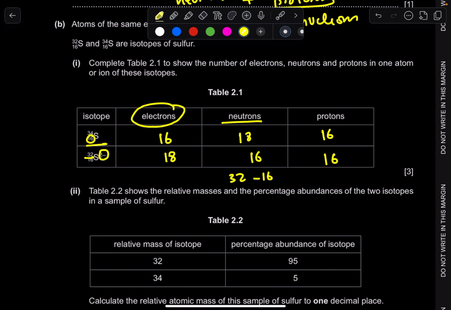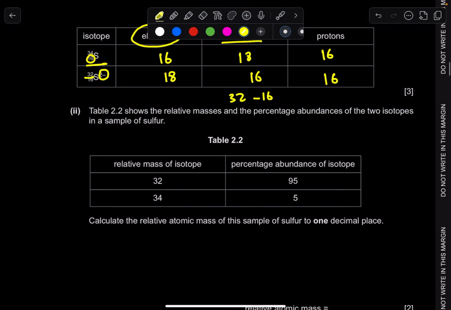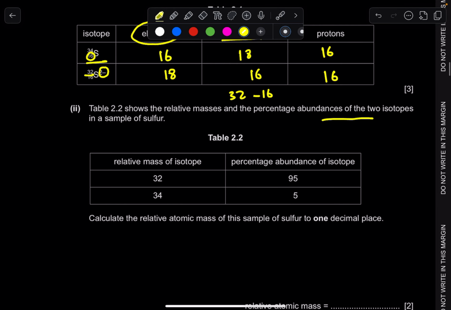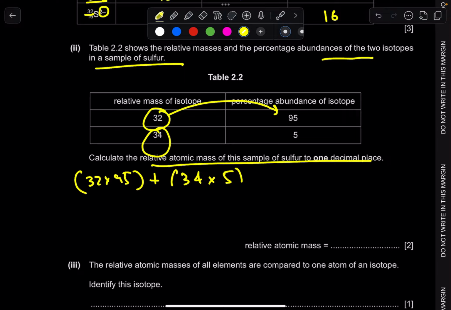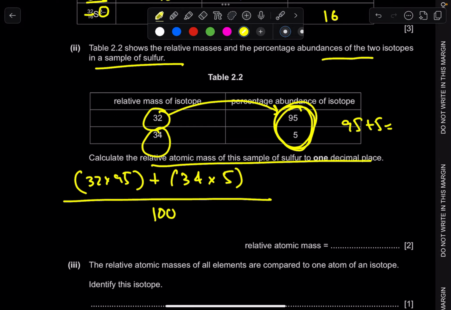Done and dusted. Table 2.2 shows the relative masses and the percentage abundance of the two isotopes in the sample of sulfur. We have to calculate the relative atomic mass of sulfur to 1 decimal place. What do we do for relative atomic mass? We take the first mass multiplied by its percentage, which is 32 times 95, plus the second mass, 34, multiplied by its percentage, 5, upon the sum of the abundances, which is 100, since 95 plus 5 gives 100.